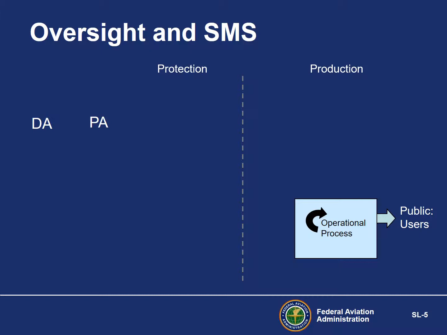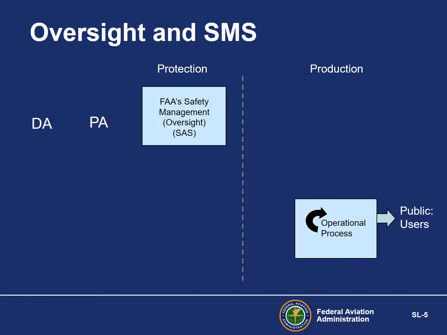The management chain from the top through the managers who oversee operational functions have both sets of functional responsibilities. Production, the obligation of supplying products and services, and protection, the obligation to provide them safely. The FAA's contribution to public safety at this level is through the agency's oversight systems.